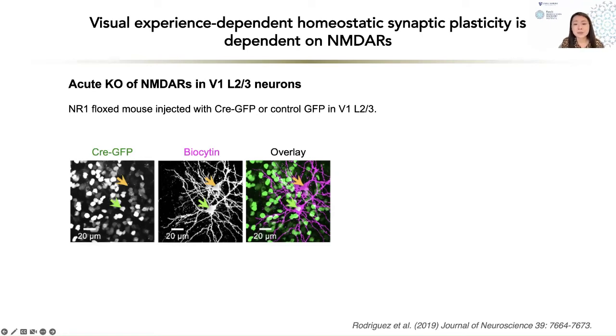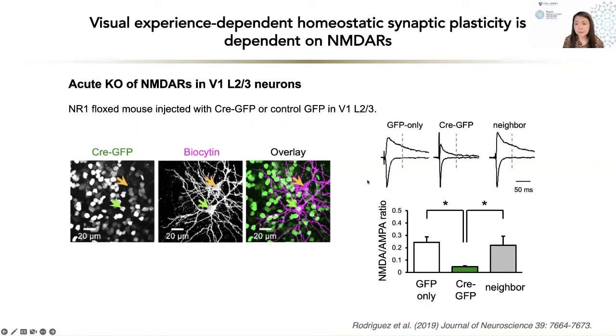This is an example recording from one of those slices where we targeted one of the cells expressing the Cre, because it's labeled with GFP, and another cell that did not have the Cre-GFP. We verified that the one expressing GFP lacks NMDA receptor current, as shown in this trace and quantified here. The neighboring cell still has NMDA receptors, just like the control cells.